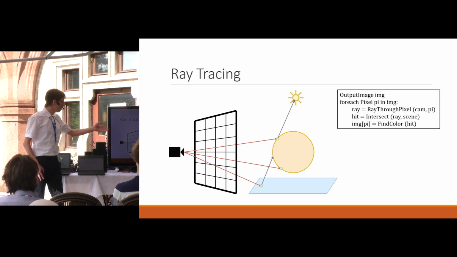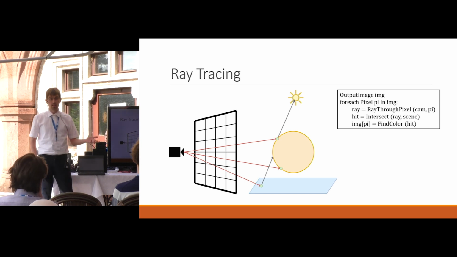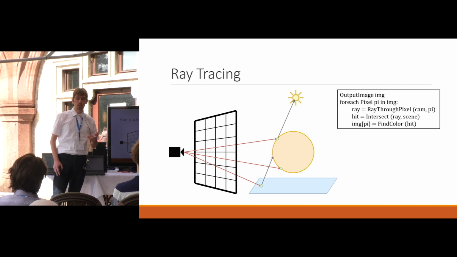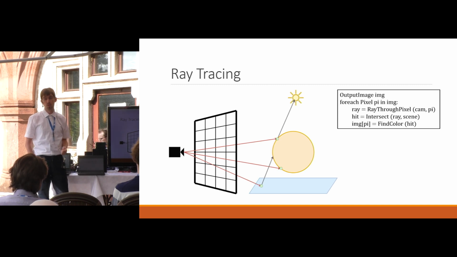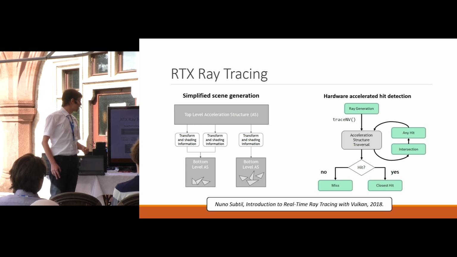Now, the most complex part of this operation is hit detection itself, as technically speaking, for each ray we have to check the collision with each object in the scene, and we are working with millions of objects. Now, this is where RTX ray tracing comes in.